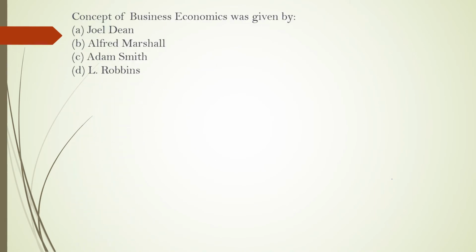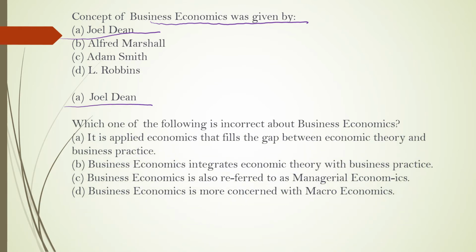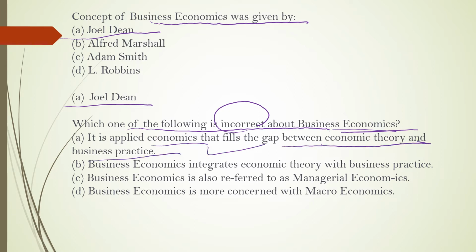Next one, the concept of business economics was given by Joel Dean. The right answer is Joel Dean, who has given business economics. Which one of the following is incorrect about business economics? It is applied economics that fills the gap between economic theory and business practice, correct. Business economics integrates economic theory with business practice, right. Business economics is also referred to as managerial economics, right.